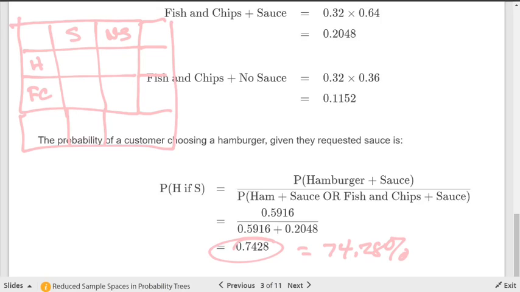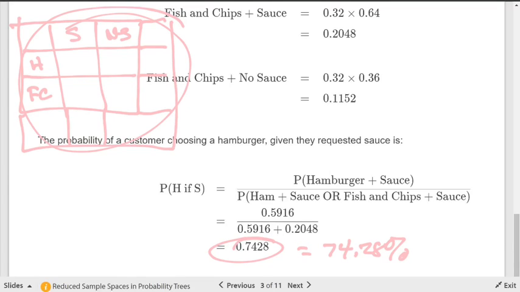So let's just do the sauce. The probability of a hamburger with sauce, probability of fish and chips plus sauce. Okay, so those are compound probabilities, and that's why you're doing the tree. You'd pretty much need the tree to be able to get those numbers, wouldn't you? So unless they just gave you the probabilities, you'd have to calculate them. So it's easier to use the tree, isn't it?